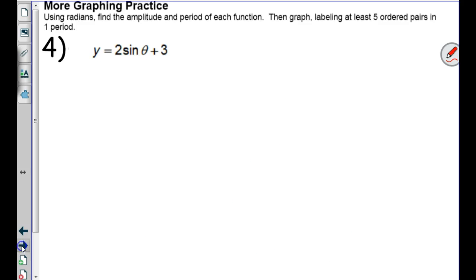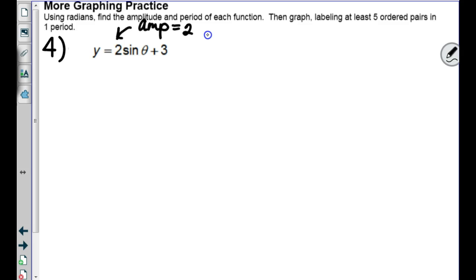So we did these on Friday. Let's talk about number 4. What 2 things have changed from the basic sine graph, guys? Okay, what is this doing? The amplitude equals 2, which is really a stretch, right?